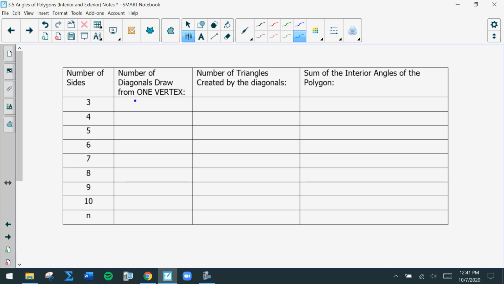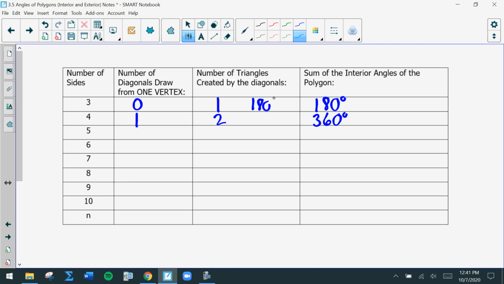But I can't draw any diagonals in a triangle, okay? But I know that there's one triangle that we have, and the sum of the angles is 180 degrees. We can draw one diagonal in a 4-sided figure, and 2 triangles are created, and that gives us 360 degrees.